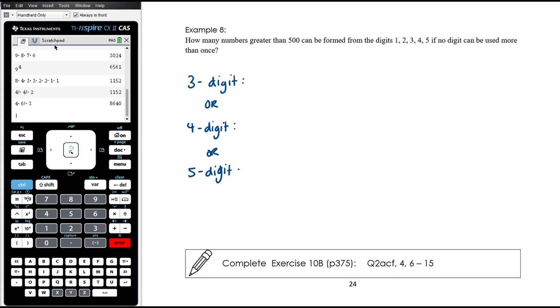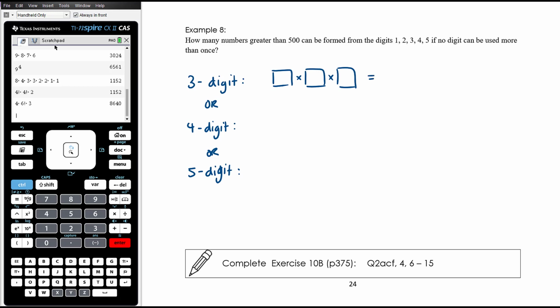So we're going to work out how many different 3-digit numbers there are, add that together with the number of 4-digit numbers, and add that together with the number of 5-digit numbers. For a 3-digit number, we need a number in the first, second and third positions, so we multiply them together.